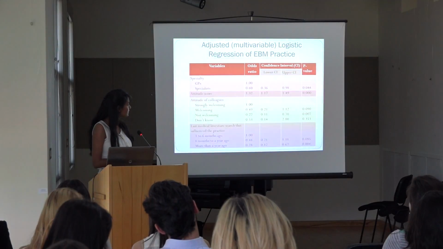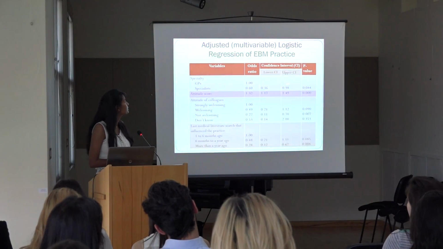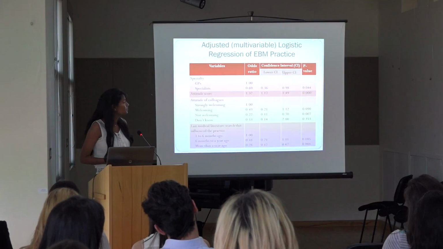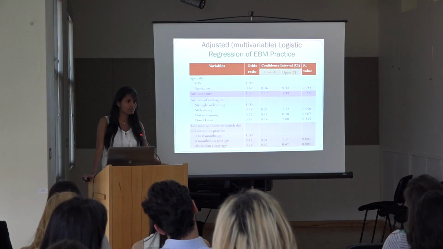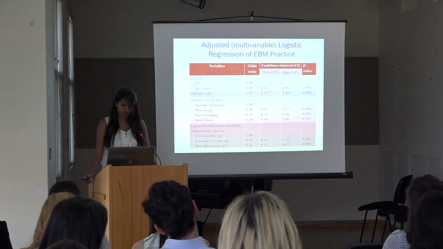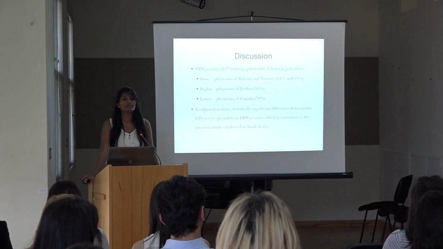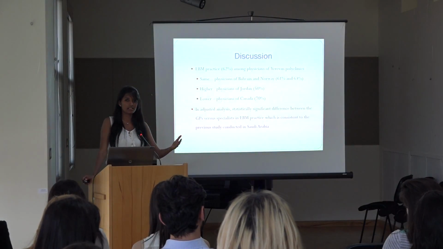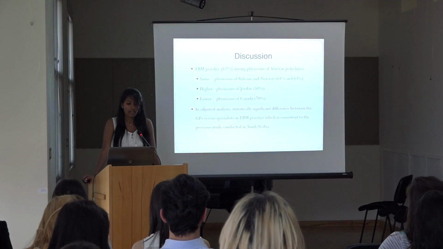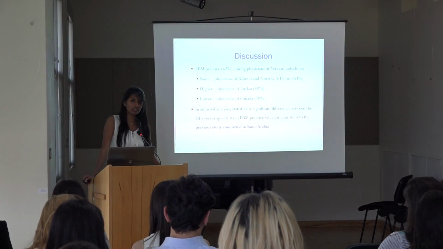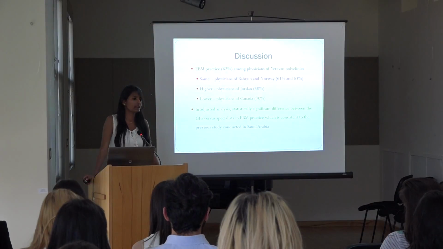After adjusting for these variables, we found a significant difference between the GPs and the specialists, and GPs tended to practice evidence-based medicine more than the specialists. And finally, as we compared our study with other studies conducted previously in other countries, as I mentioned earlier, 62% mentioned that they practice evidence-based medicine.